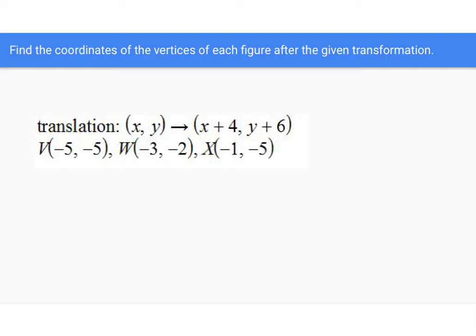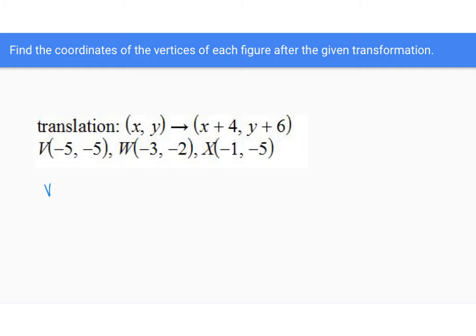We also can ask you to do a translation by specifically telling you how many units to move, meaning I'm not going to tell you to go up or right anymore, but I'll tell you to take your X coordinate and add 4 to it, take your Y coordinate and add 6 to it. So I would take each specific point and do that.